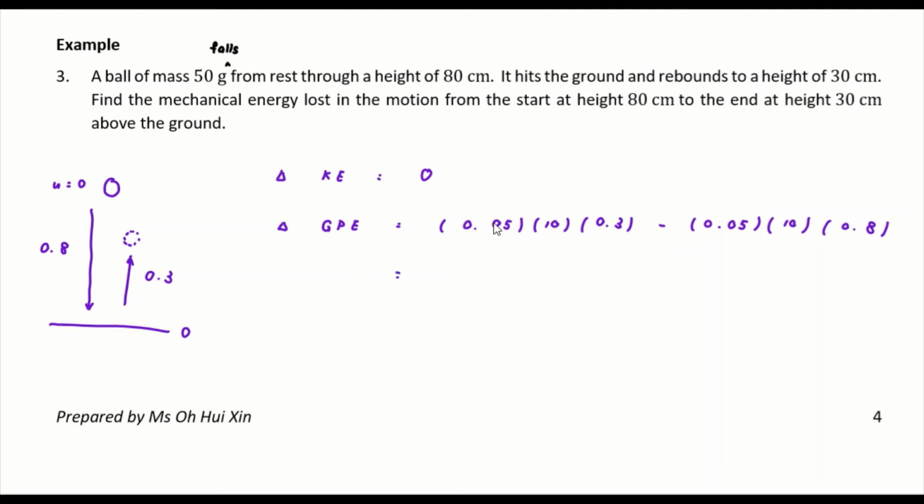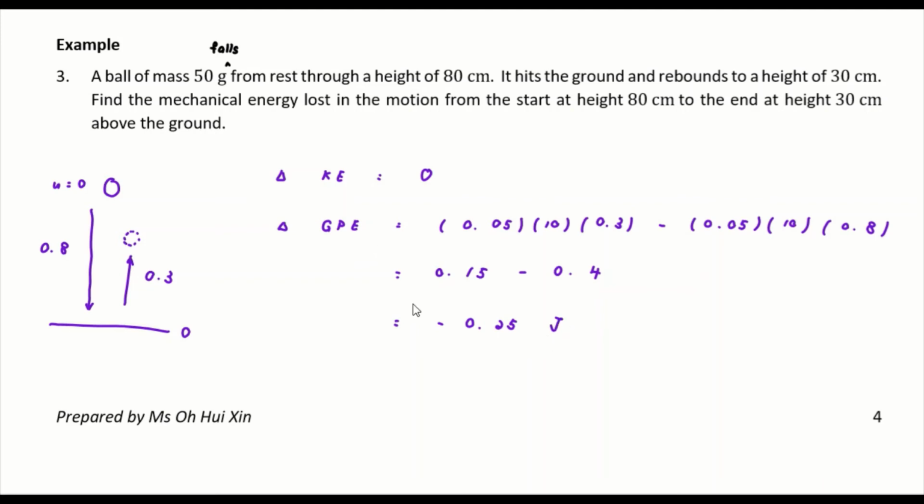So we have 0.05 times 10 times 0.3, so 0.15. Then minus 0.05 times 10 times 0.8, so that's 0.4. Okay, then when we continue, oh yeah, that's right. Negative 0.25 joule.